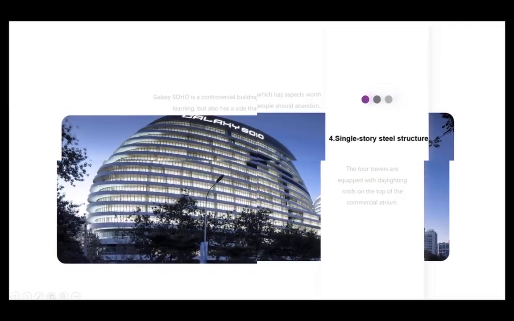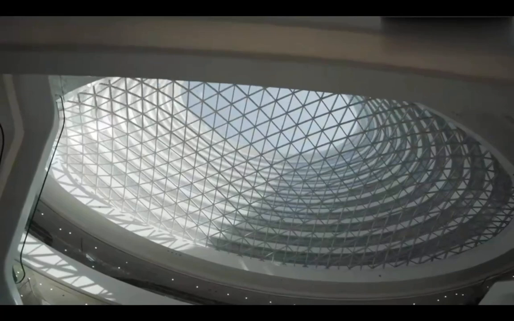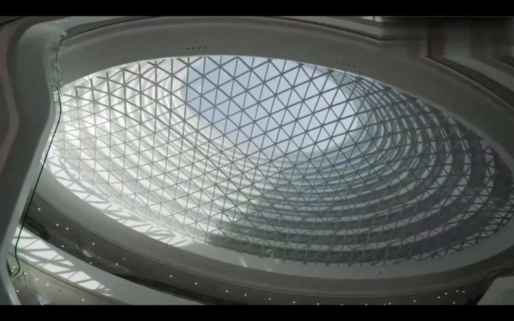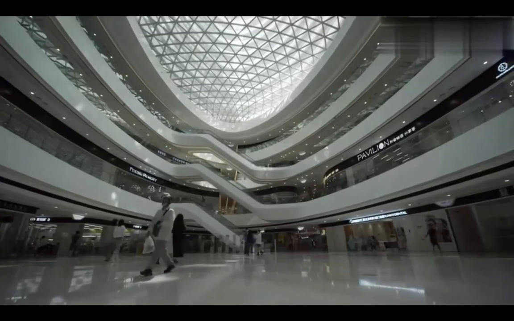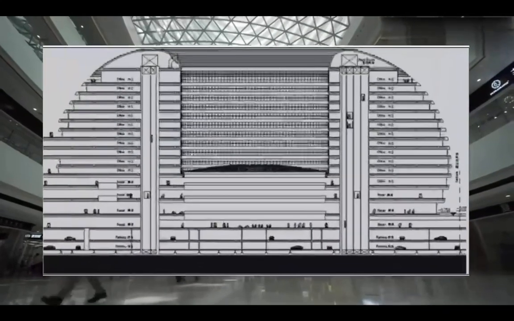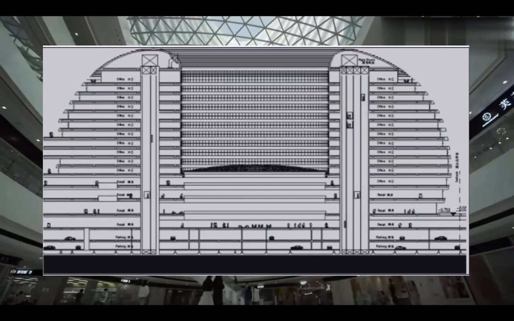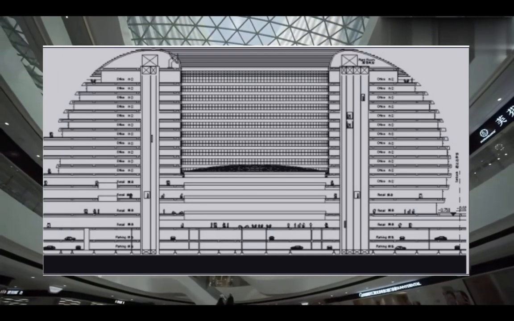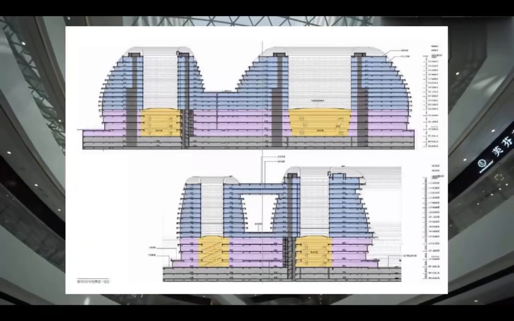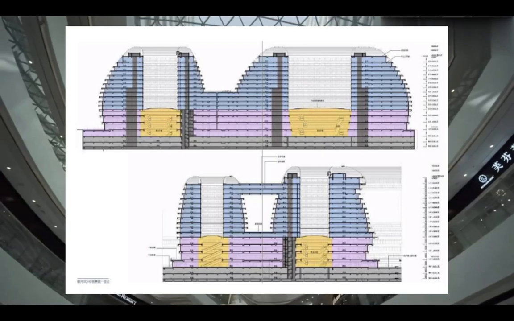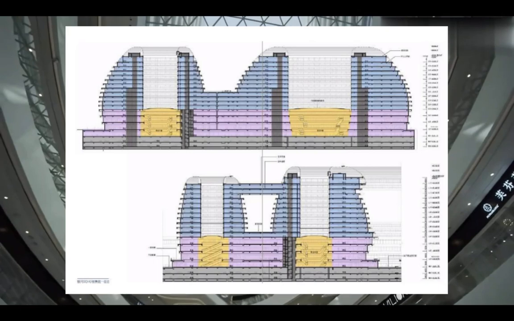Single-layer steel structure of the atrium roof. The four towers are equipped with the lighting roof on the top of the commercial podium. The daylighting roof at the top of floor 3 divides the atrium into two parts, indoor and outdoor. The lower part is a 4-story commercial atrium, the upper part is outdoors.